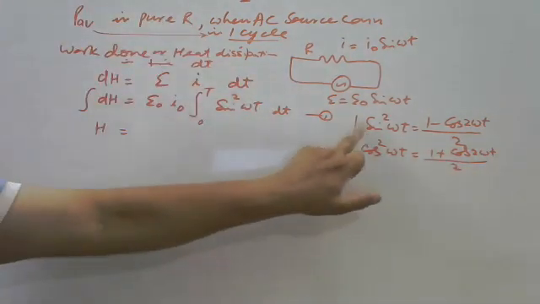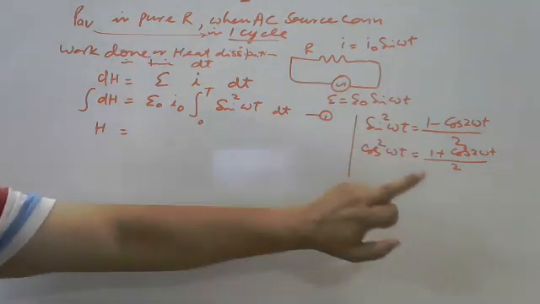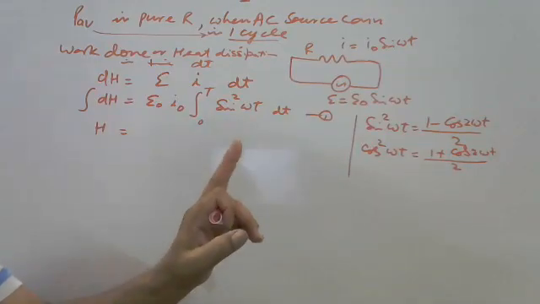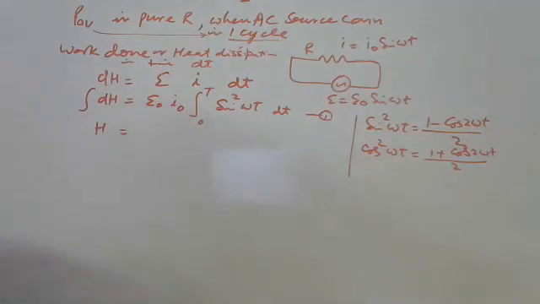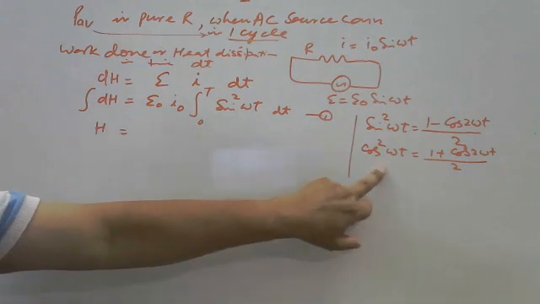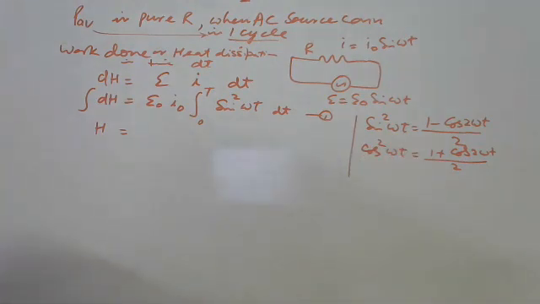This is the half angle formula we discussed earlier when we were discussing the RMS value and average value. So sin square omega t is replaced with 1 minus cos 2 omega t upon 2.